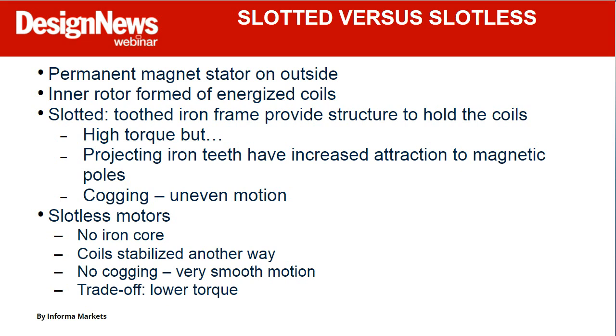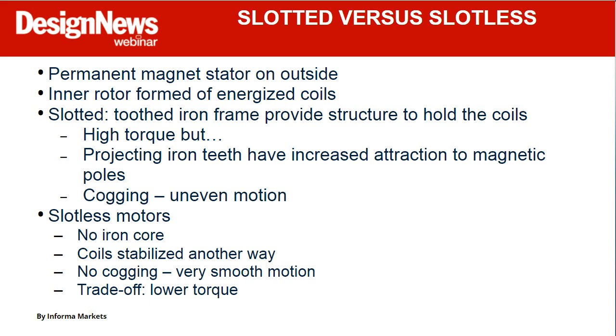Now, you're going to wrap those coils around a steel frame that's going to provide the structure to hold the coils if you're dealing with a slotted motor, and it doesn't just give it structural integrity, it boosts the torque because it's iron, so yay.